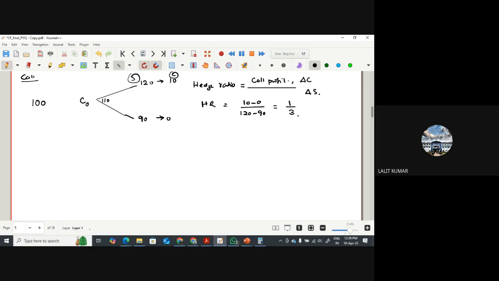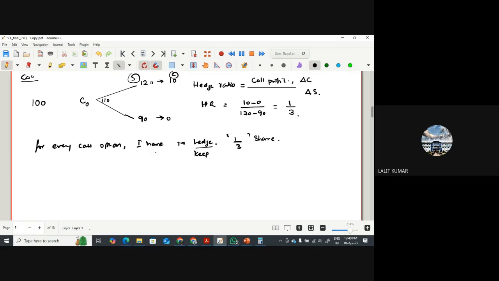And what is the meaning of this hedge ratio? The meaning is that for every call option, I have to hedge 1 by 3 share. If I have to remain risk-free, then for every call option which I make, I have to keep 1 by 3 share.